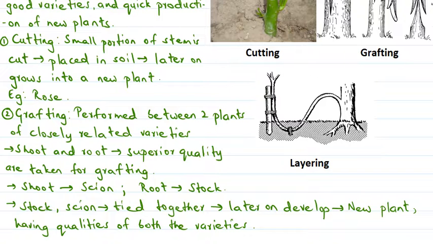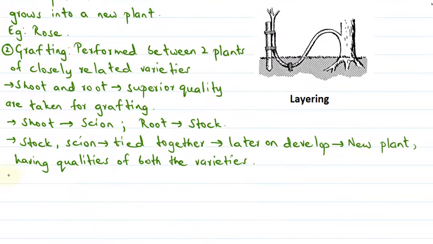Grafting can be performed in the case of mango, etc. Okay, so now let's move on to the next technique of artificial vegetative propagation.